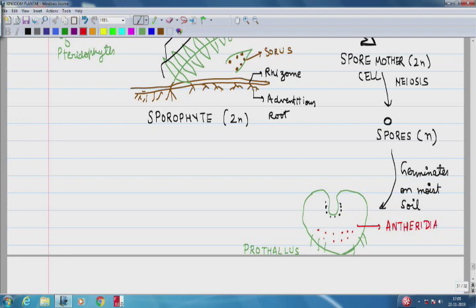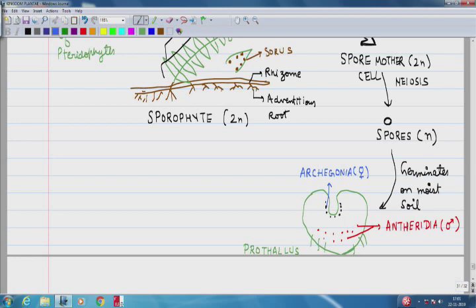This is the male reproductive structure. This is archegonia. This is the female reproductive structure.